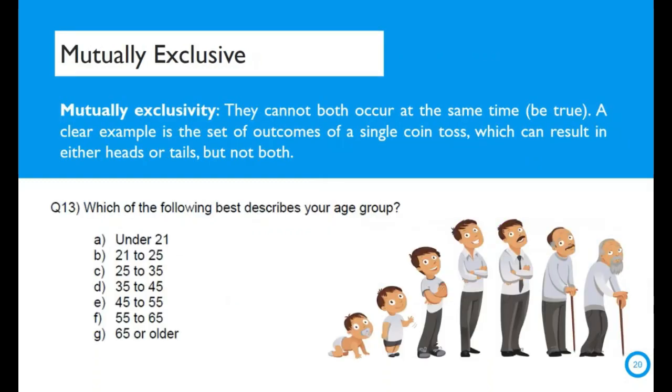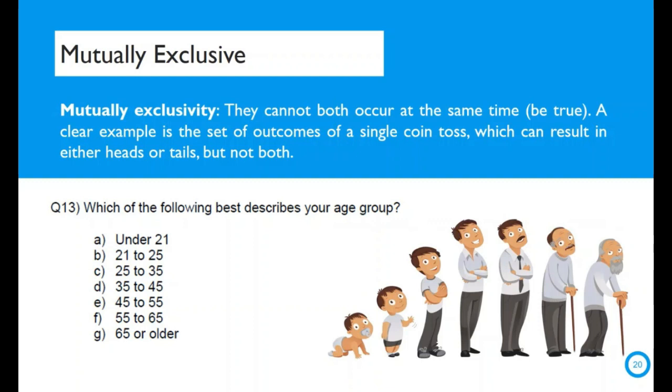Next is mutually exclusive. What does it mean? It means that categories cannot both occur at the same time. As you can see in this example, we have a few categories. The first one is under 21, the second is 21 to 25, next is 25 to 30, then 30 to 35. What's wrong with these responses?